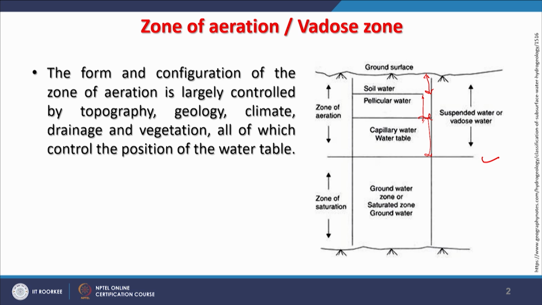As said in the previous lecture, in pre-monsoon conditions the water table may go down because the water has been exploited, so the zone of saturation will reduce whereas the zone of aeration will increase. But in post-monsoon conditions, the water table may go up. So, weather and climatic conditions, rainfall and other things influence the water table, not only geology and topography.